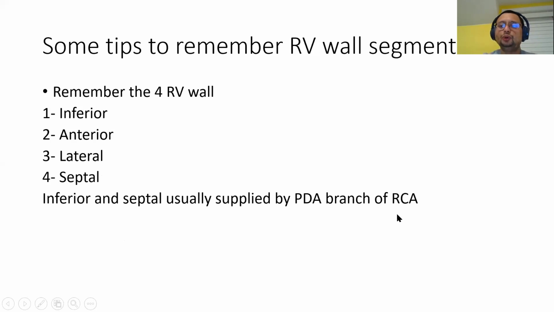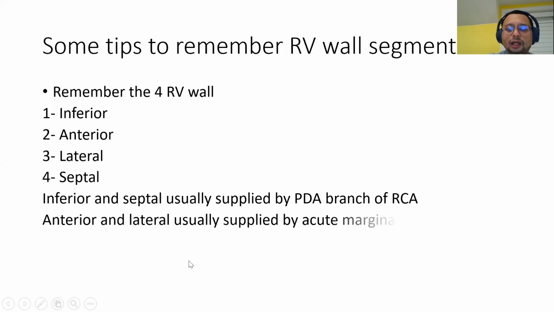Later I will show you, if you have blockage at the distal RCA, you will only involve the left ventricle. If you have blockage of the mid part of the RCA, proximal to the PDA branch, then you will start involving the right ventricle, which is the septal wall, and also the inferior and the lateral wall of the right ventricle.